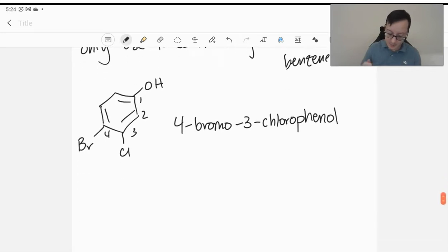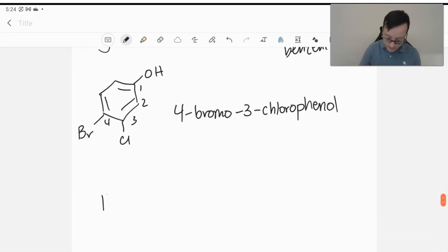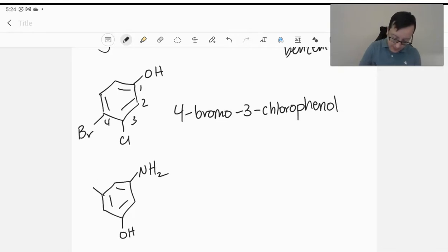And we'll do one more example. Ooh, how about we have got an alcohol, and let's have an aldehyde. So we have 3 substituents, so we can't use any fancy names, only numbers.